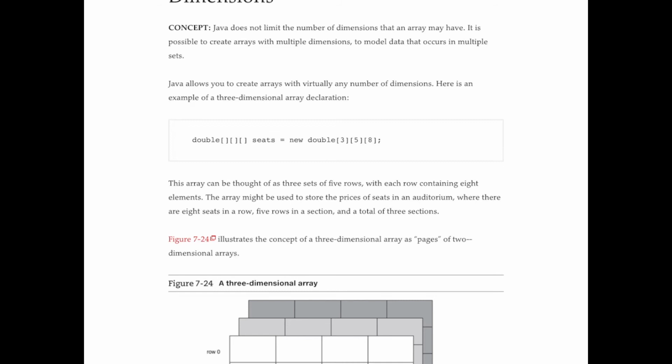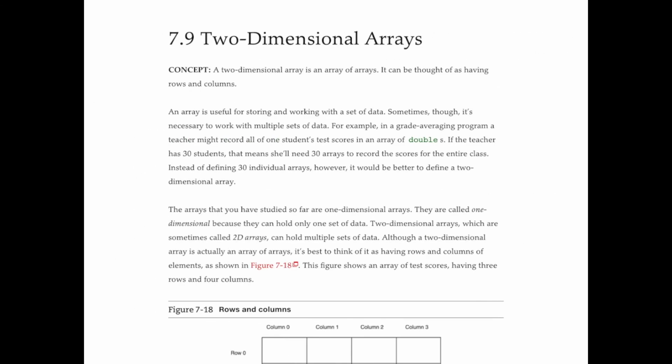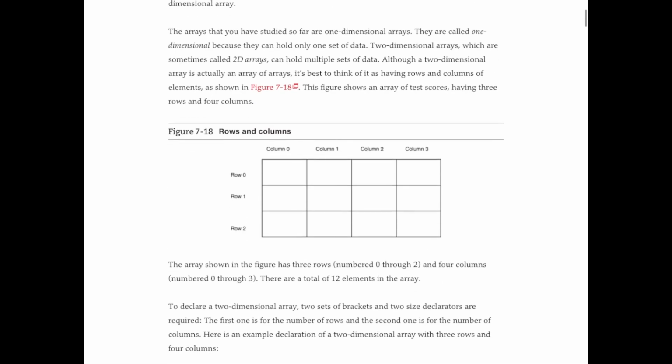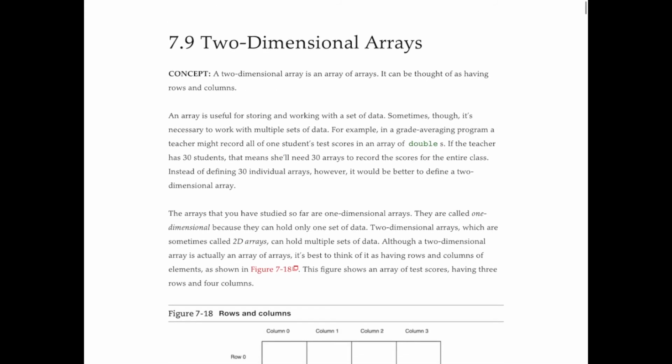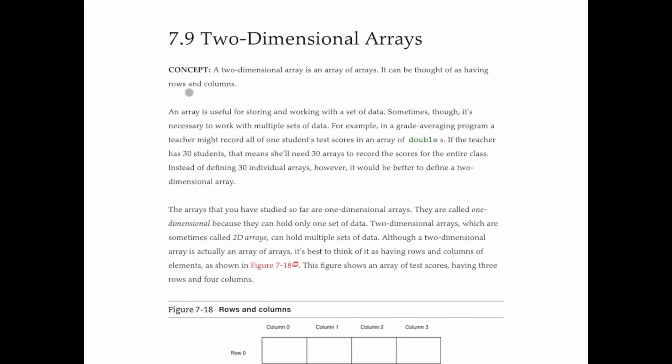For right now, I will not give you anything that has more than a two-dimensional array. And most of this is going to be simple, just like this: student 0, 1, and 2, score 0, 1, 2, and 3. So what I am going to do with the rest of this chapter is focus on two-dimensional arrays.